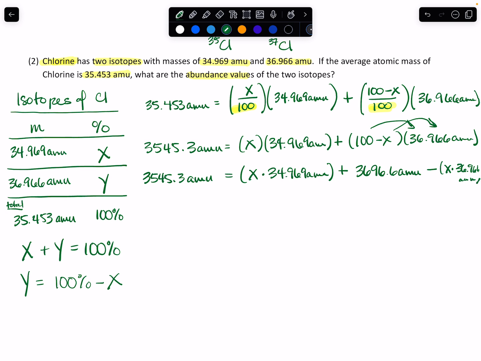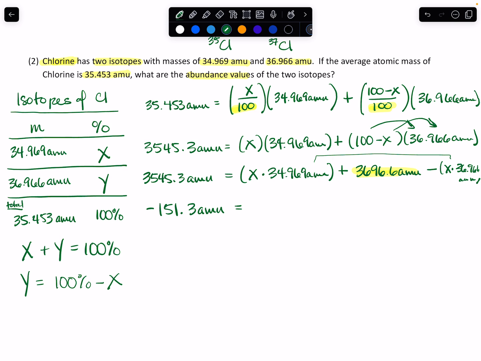Okay, now I need to start isolating X. So I'm going to take this piece and subtract it from both sides, and then I'm going to add together these two pieces. When I move the 3696.6 to the other side, I get negative 151.3 AMUs.